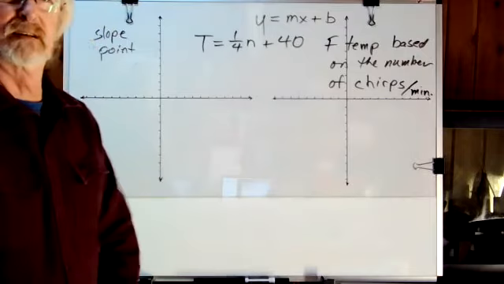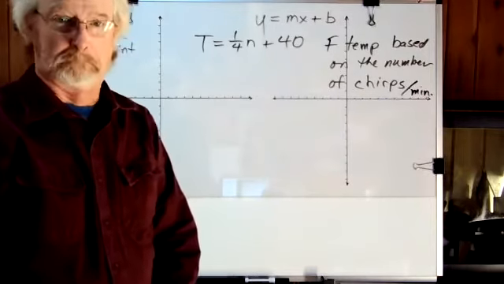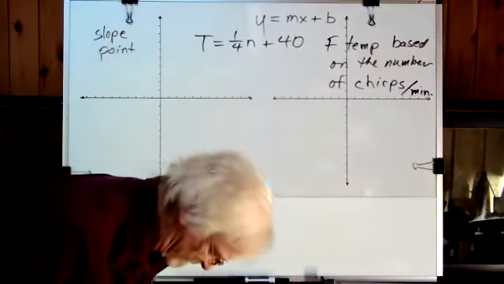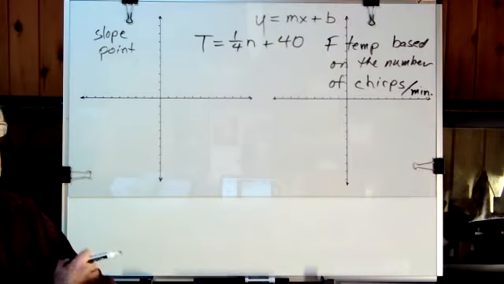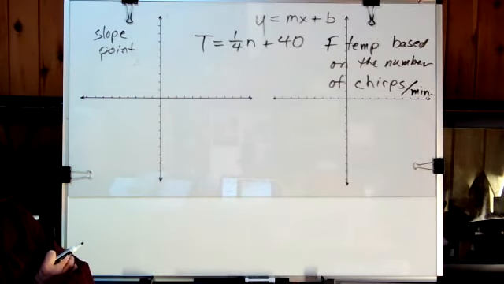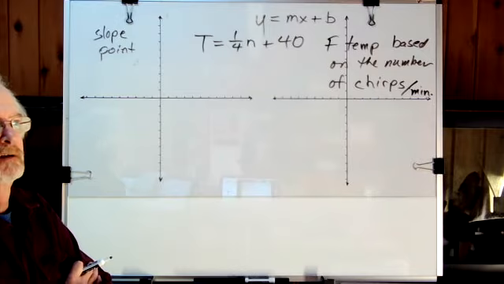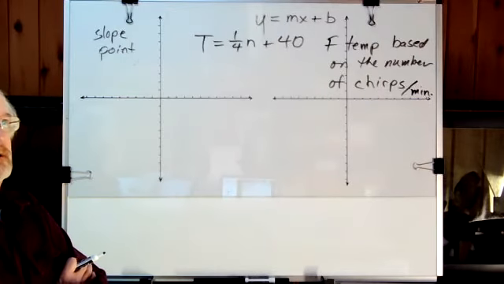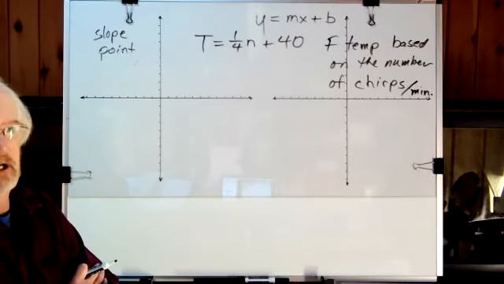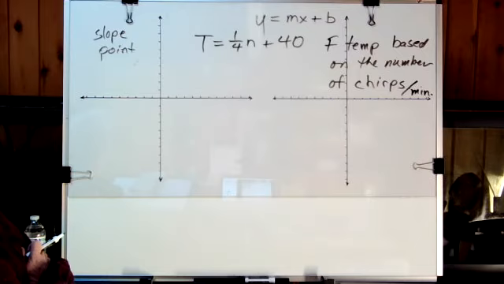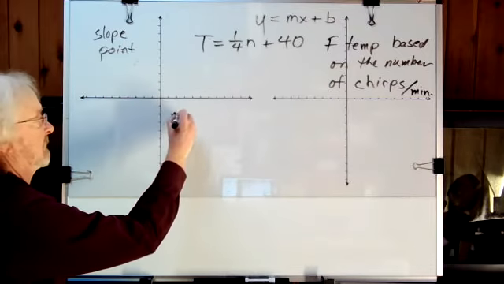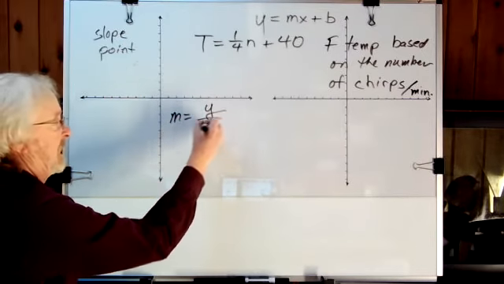What does the slope mean in this equation? Now it's a fraction that makes it a little messier to talk about, perhaps. See if you can remember, slope is a rate of change. Basically, it's y over x.